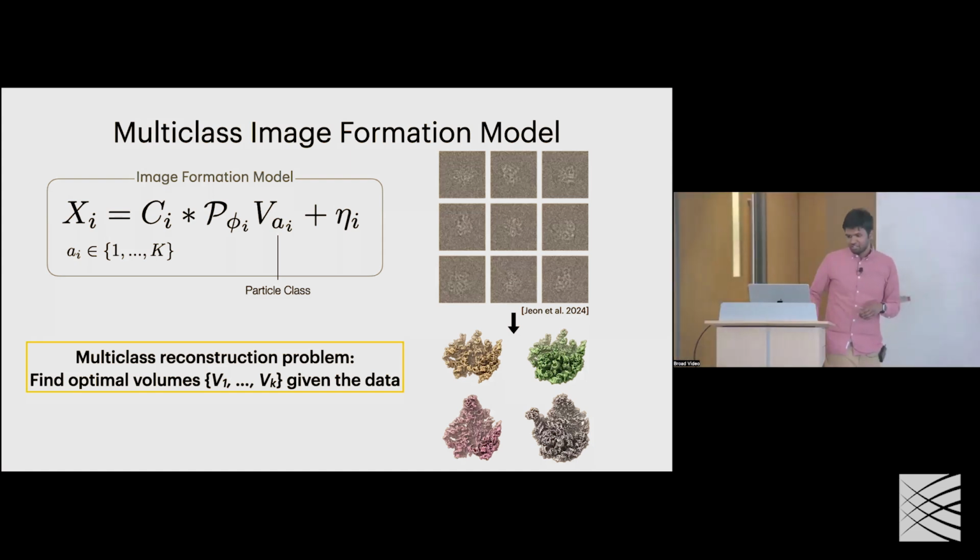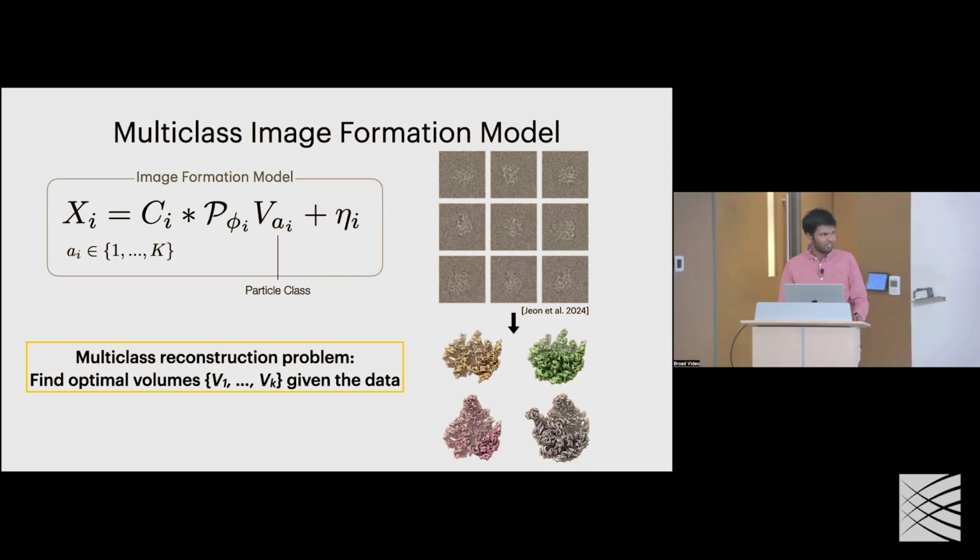So now the multi-class reconstruction problem is, again, instead of finding a single volume, find the entire set of optimal volumes, assuming that we have K volumes given the data. Again, the challenge here is that all we have is this raw 2D image data set. We don't have labels on each image of which structure it arose from. So we'll have to both find the volume, but then also find those class assignments of which particle belongs to which volume.